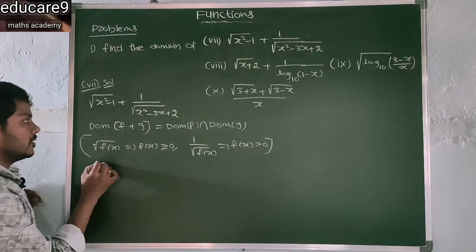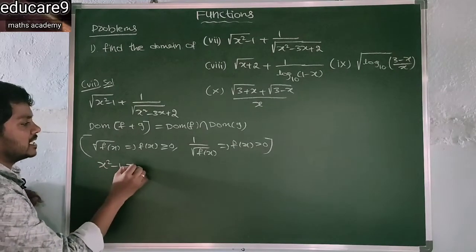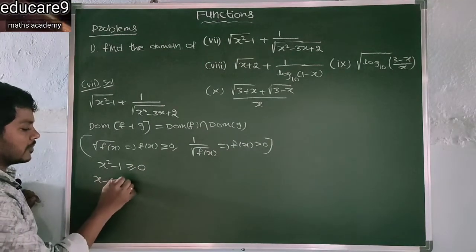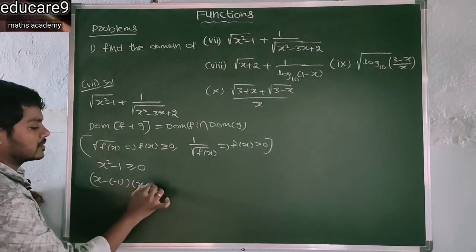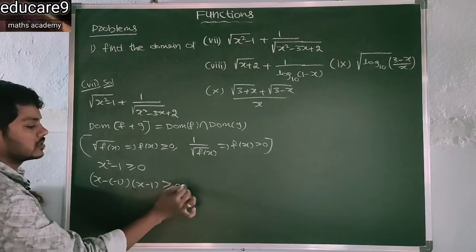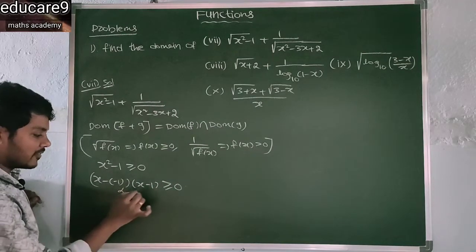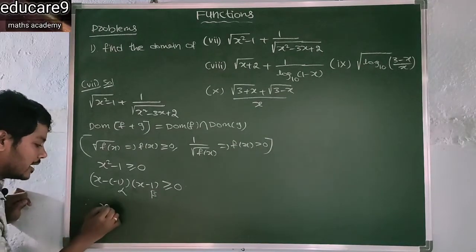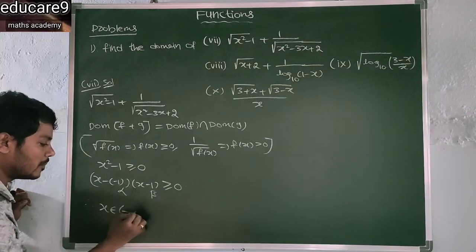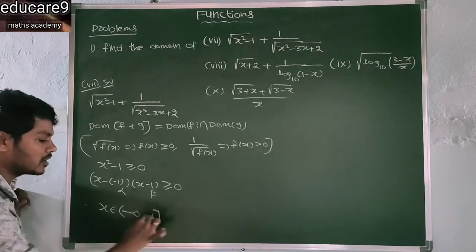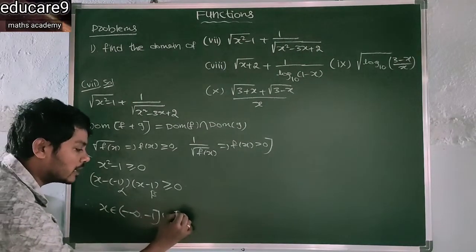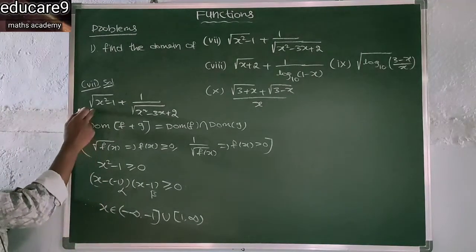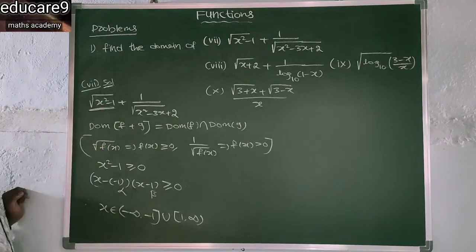See here, first one, x square minus 1 is greater than or equal to 0. This is x minus of minus 1 into x minus 1 is greater than or equal to 0. So this is alpha and this is beta. Therefore, x belongs to minus infinity comma minus 1 closed union closed 1 to infinity. This is the domain of the first function, that is root x square minus 1.